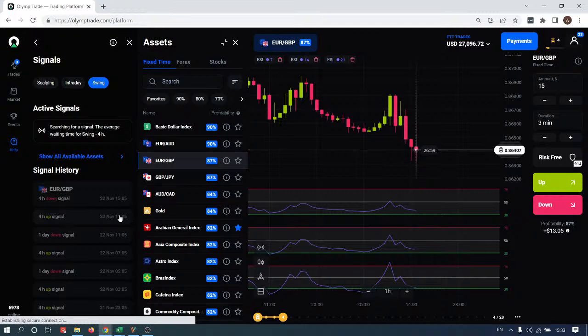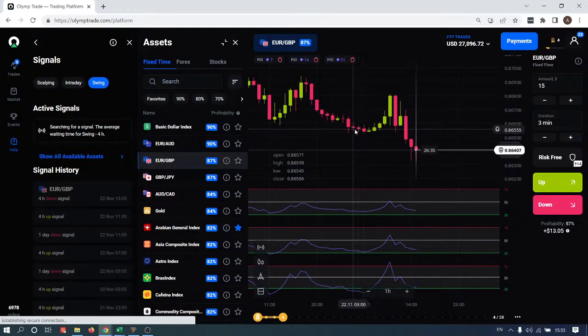So this was a losing signal. The daily signal is not finished yet. The 4-hour signal appeared at 7:05 my local time. So it came here, and that was a profitable signal. Once again, day signal, 4-hour signal at 3:05.